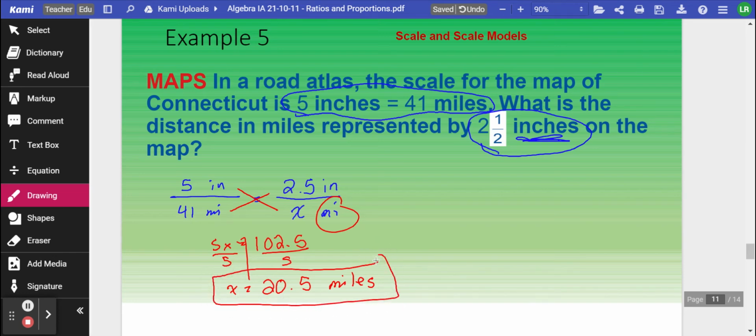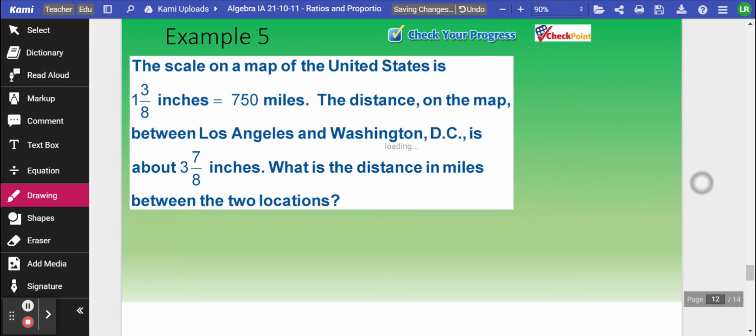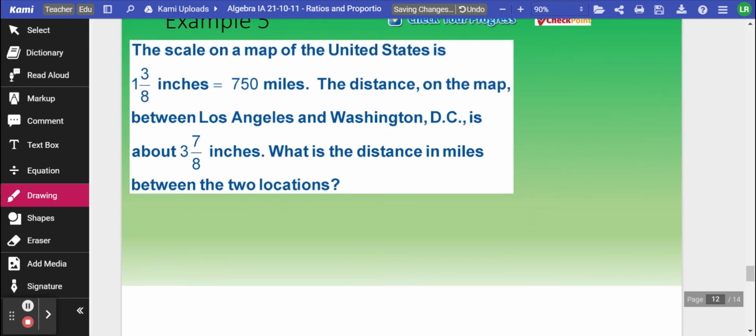Let's go ahead and try this one. It says the scale on a map of the United States is 1 3/8 inches equals 750 miles. The distance on the map between Los Angeles and Washington D.C. is 3 7/8 inches.